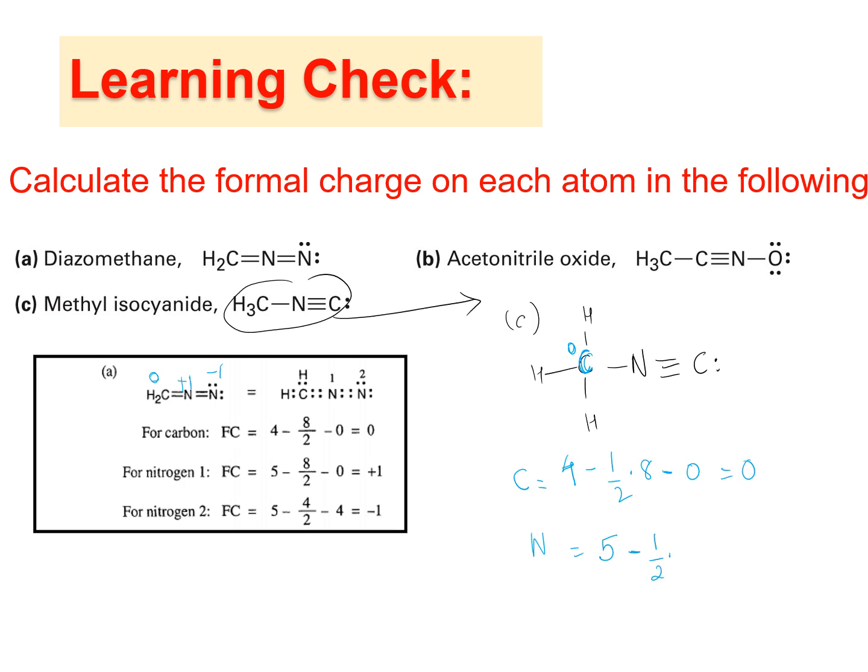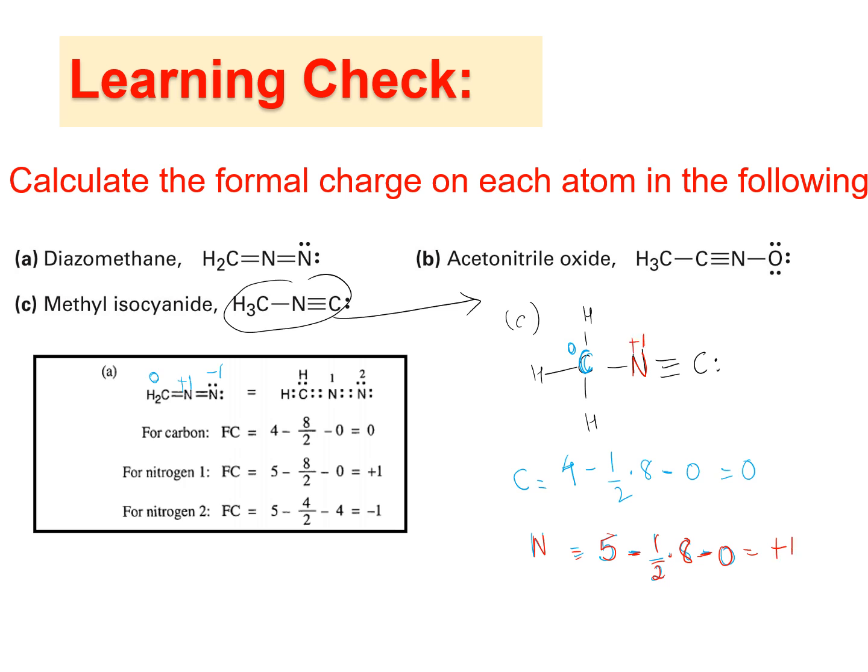How many bonding? 1, 2, 3, 4, 5, 6, 7, 8. Do you have any lone pairs? No. So 0. For nitrogen, 5 minus 1/2 times 8 minus 0 gives the answer plus 1. So the nitrogen here is plus 1.